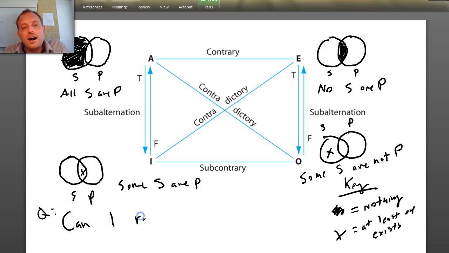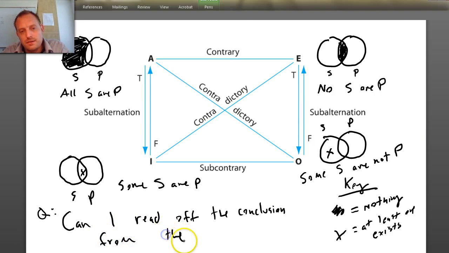Can I read off the conclusion from the premise? You should always ask yourself that question. And the answer is if you ask this question and you cannot read off the premise, then that means it's an invalid inference. If you can read it, that means it's a valid inference, okay?